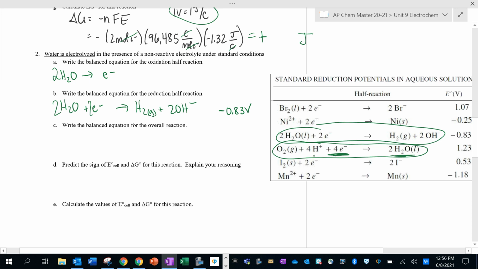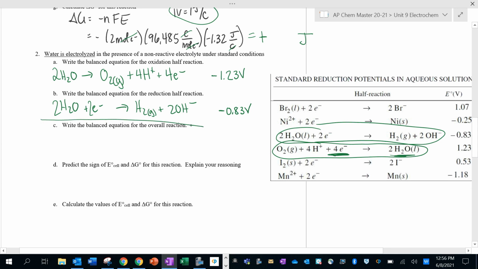And my reactants over here, my oxygen gas, O2, and then hydrogen ions and 4 electrons, to flip them around, they become the products. And when I flip this reaction around, remember the sign changes, so now this is negative 1.23 volts. And then I want to add these 2 reactions up to figure out what the overall reaction that's occurring in the cell.